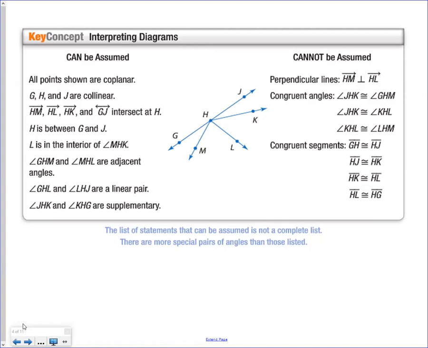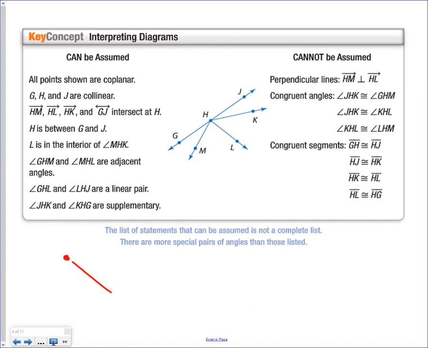These lines intersect at H. In other words, if it looks like they go to a point, the diagram can't do something where you have a point here, but actually the ray starts here, and it's just so incredibly close that it looks like it's going together. No, if the diagram shows that it goes there, it does.